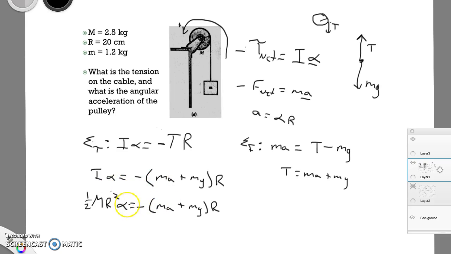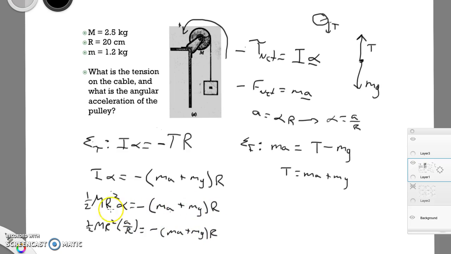Okay, and so now is when we need to make the a and the alpha the same. It says we're solving for angular acceleration, but I think this would be easier to solve this way. So divide by r, and alpha is equal to a over r. So I'm going to put that in here. So 1/2 M r squared times a over r equals negative (ma plus mg) times r.